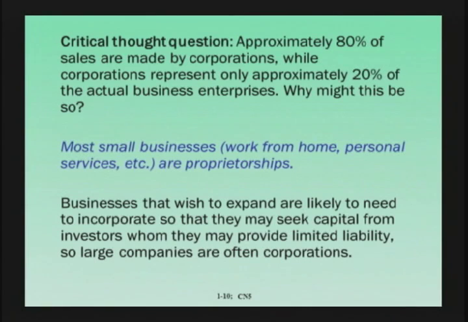A lot of large companies, the household name companies, tend to be corporations because the way they became large was because they had incorporated. They wanted to expand, and they find the possibilities of expansion are much greater if they incorporate and they seek capital from a large number of investors. The corporate vehicle, the business form of a corporation, enhances the ability to seek capital by issuing stock to a bunch of owners who have limited liability.